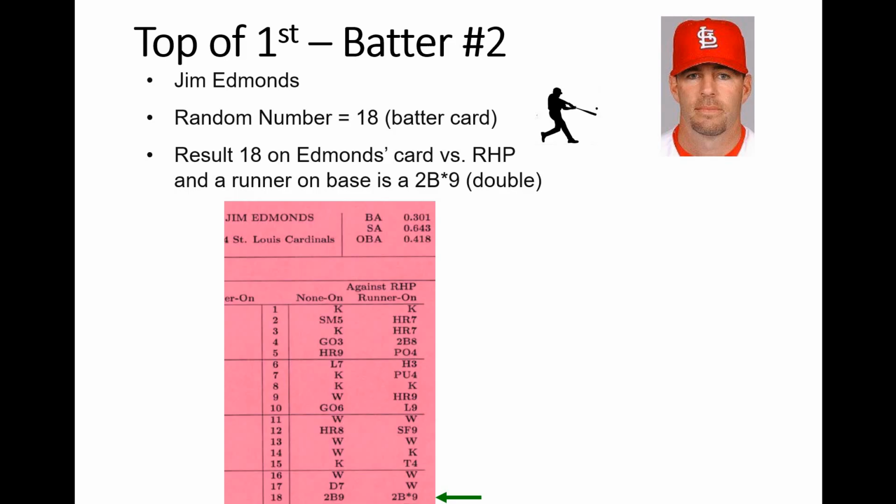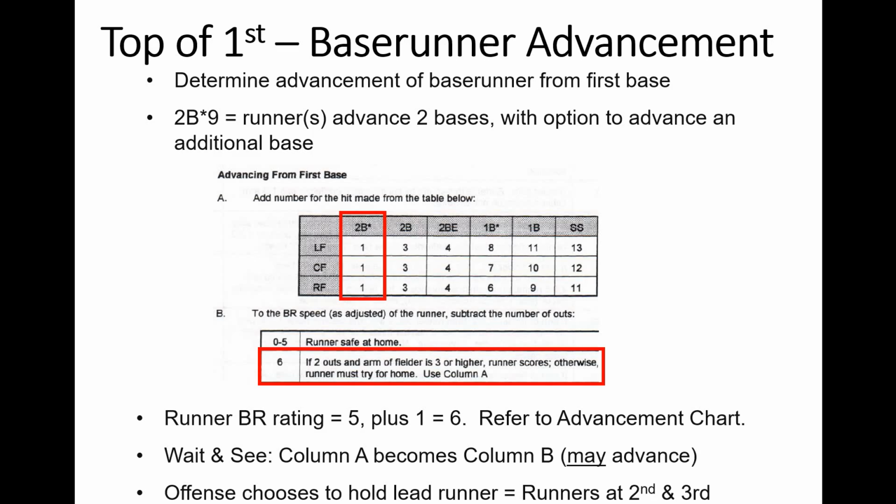So that means Womack is going to advance to third, but there's a possibility that he could score, and I believe the asterisk is what indicates the option for additional advancement. The way base runner advancement works here is there is a set of tables in the instructions, and there's a section on advancing from first base.